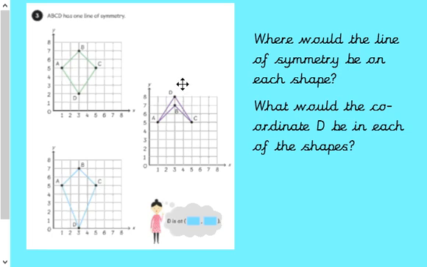And then this one here, which is one that I never really thought about, gives me like an arrowhead, and it gives me one line of symmetry vertically up the middle of the shape. And our plotted points here would be 3 along the x-axis and 7. So it would be 3, 7.